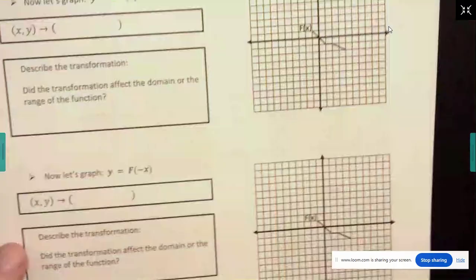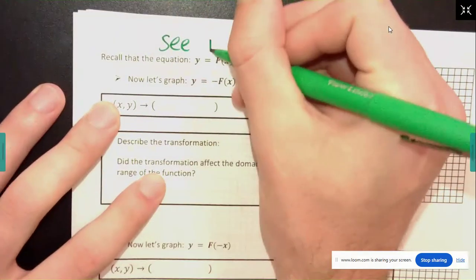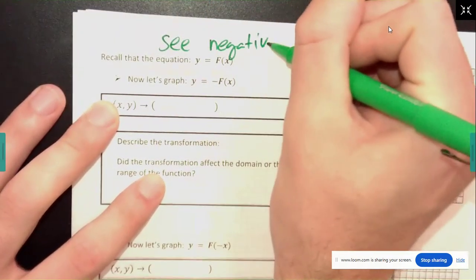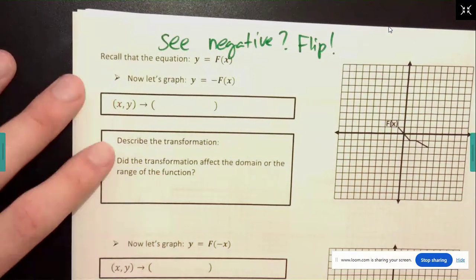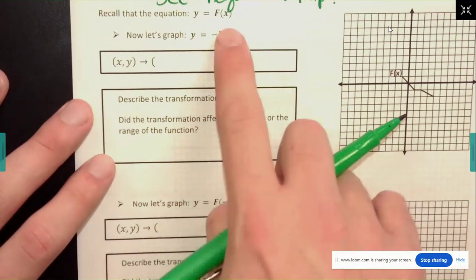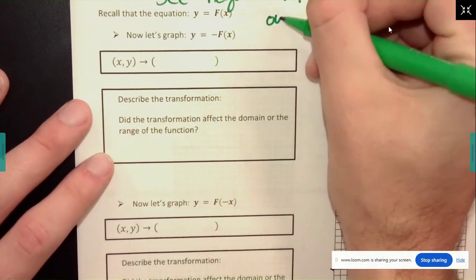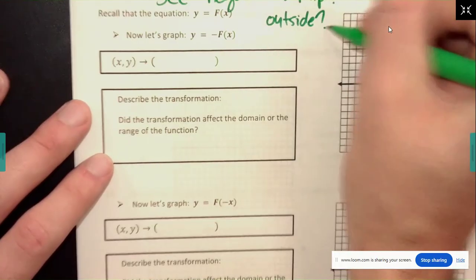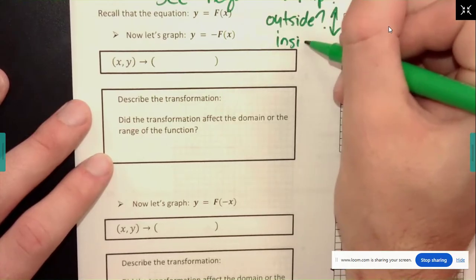Okay? So we're going to talk about negatives. So if you see a negative, we're going to flip it. Okay? So if you look down here, we have negatives that show up in 2 different ways. So just like the translations, if it's on the outside, we're going to flip it up and down.